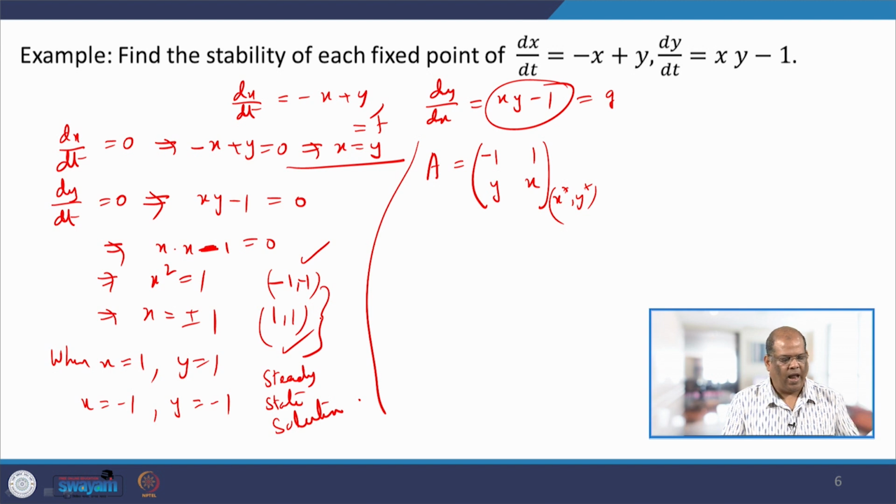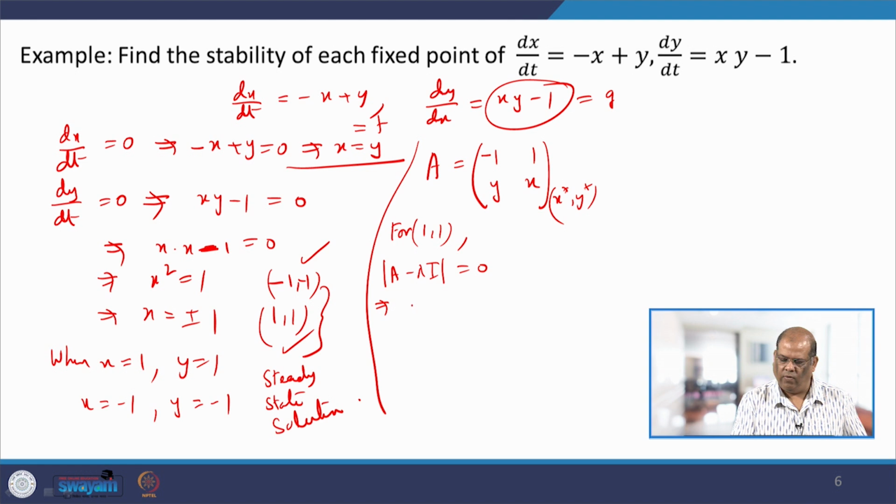Now we have to calculate the eigenvalues. So, for 1, 1, we get A minus lambda I equal to 0. This will give you minus 1 minus lambda, 1, because x and y are 1. So, this is 1, this is 1 minus lambda, and this is equal to 0.